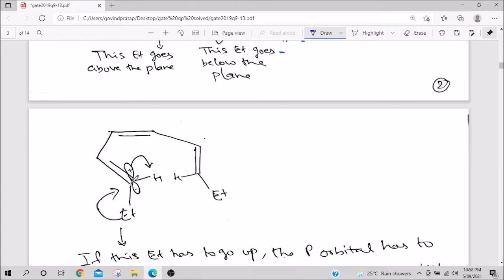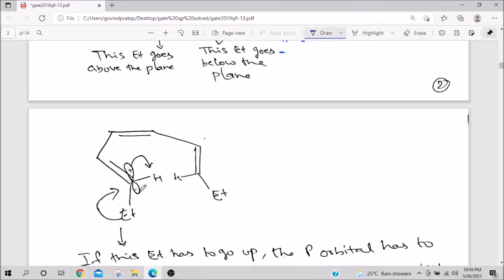Let us look at it as if this is in the plane of the board. Let us not lift it, this is in the plane of the board. What I want is basically H to go down, ET to come up, so that ET is front, because we saw that ET has to be towards the viewer, and H goes away from the viewer. So, it becomes perpendicular to the screen.